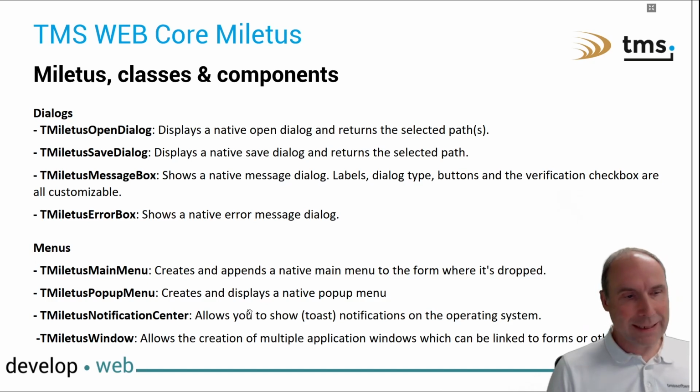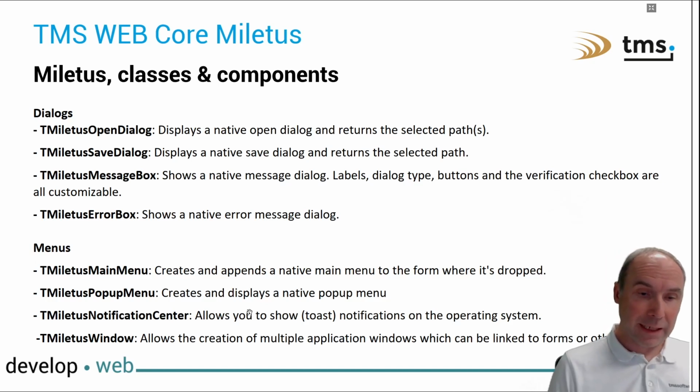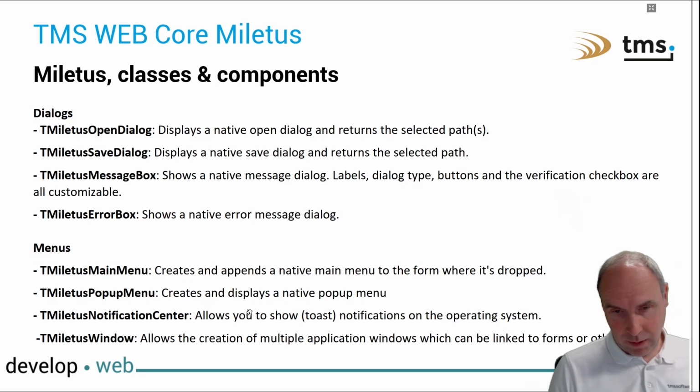The message here is that with the Miletus main menu, with which you interact just like you would in a VCL application, you get direct access to the operating system defined menu in your application. It will not only look and feel native, but actually it is the native menu that you deal with directly out of the code of your application running as a Miletus application in that embedded browser.